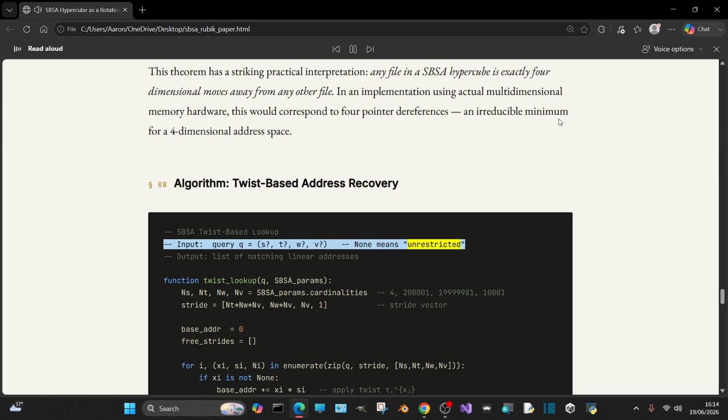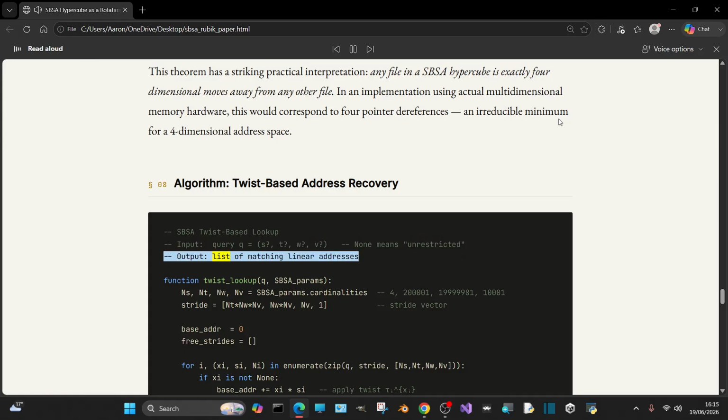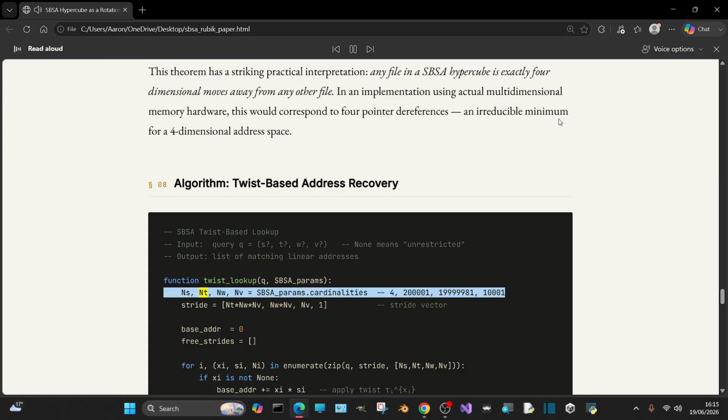None means unrestricted. Output: list of matching linear addresses. Function twist_lookup(Q, SBSA_params): NS, NT, NW, NV equals SBSA_params.cardinalities, 4, 200,001, 1999981, 10,001.